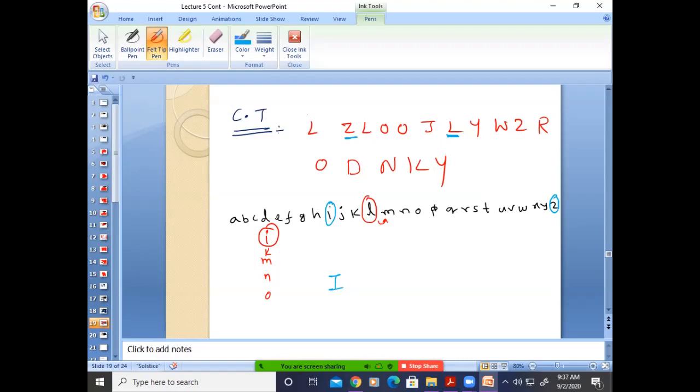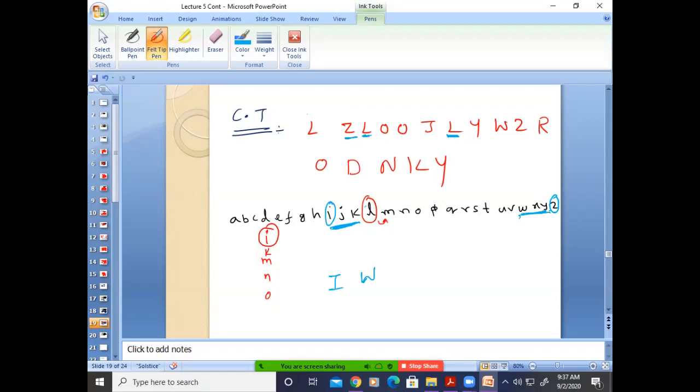Now see here, this is an L. This will be the third letter, which is before. So what is the third letter before this Z? W. Yes or no? Correct or wrong? I'm just identifying the pattern here.